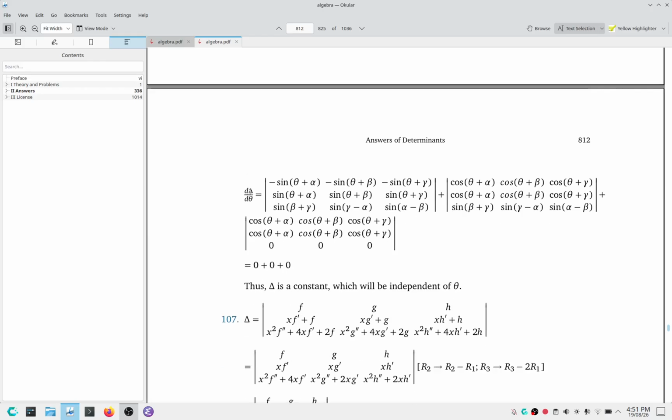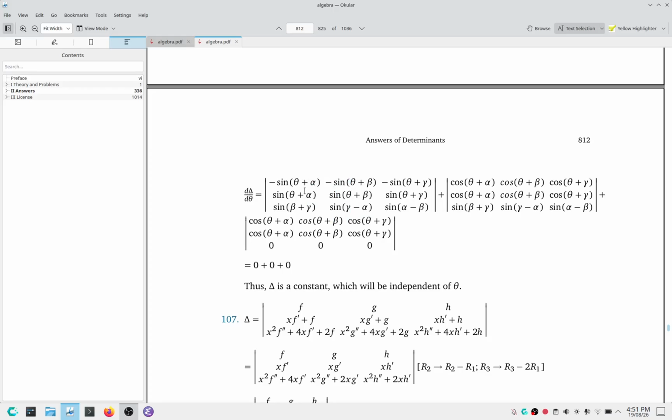Now what we do is we differentiate it with respect to theta. So first row becomes minus sin theta plus alpha, minus sin theta plus beta, minus sin theta plus gamma. The second row here becomes cos theta plus alpha, cos theta plus beta, cos theta plus gamma. So this will become 0 immediately, right? The first and second row is 0. This is also 0 because first row and second row are identical, right?